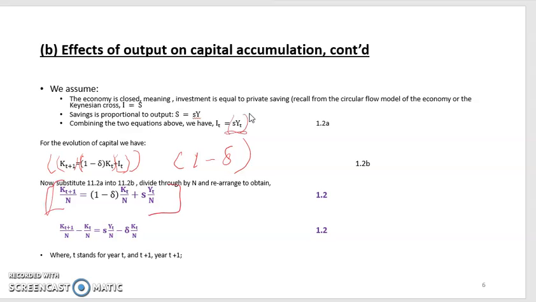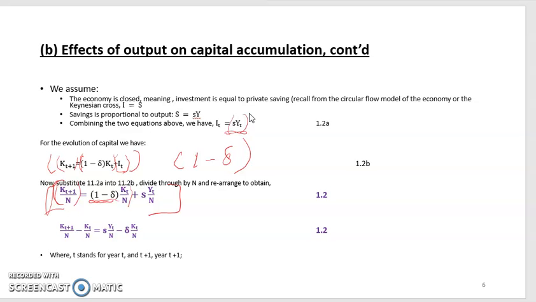So this expression tells us that capital per worker in the beginning of year t plus 1, that is capital per worker at year t plus 1, is equal to capital per worker at the beginning of year t adjusted for depreciation.